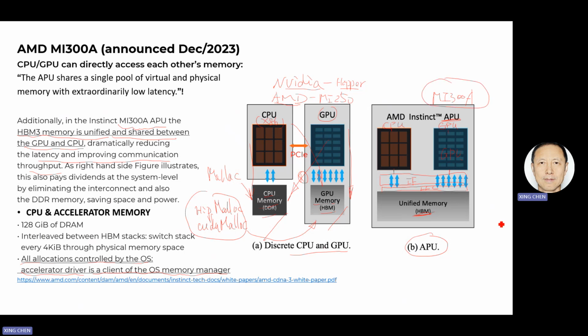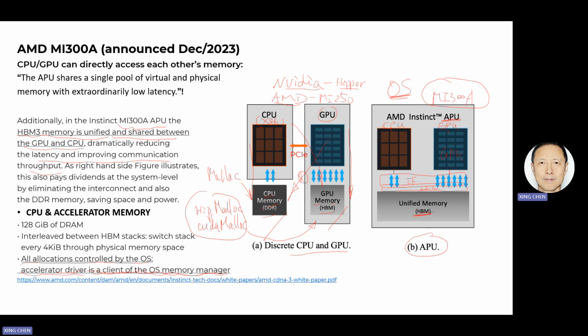But now with MI300A, there is only one unified memory, and it is managed by the operating system, and the GPU is a client of the operating system memory manager. So the memory subsystem has been dramatically simplified.